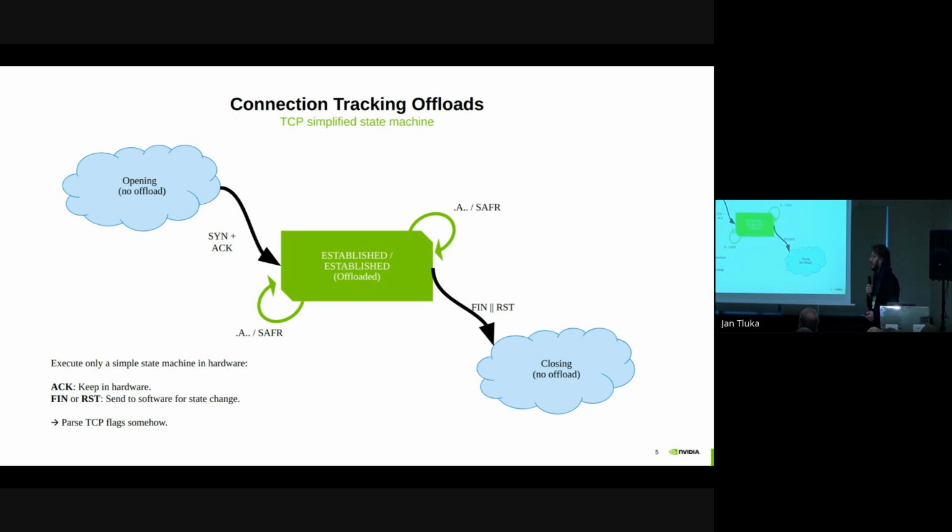And so as long as we have only data packets, then it will stay there. And once we receive a FIN or a reset segment, then we enter the closing sequence. So what it means in the end is that we do have to pass the TCP flags at some point in the CT context in hardware. And the closing sequence, once executed in software, will trigger the removal of the hardware entry.